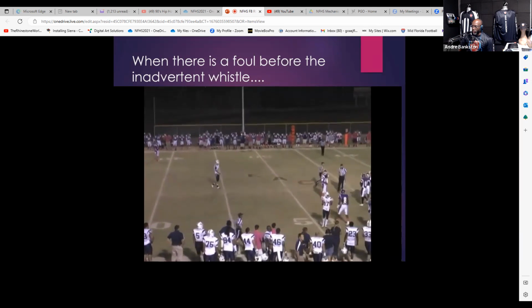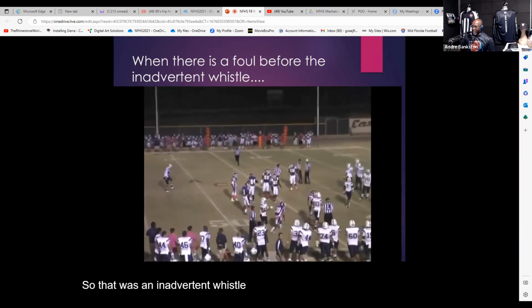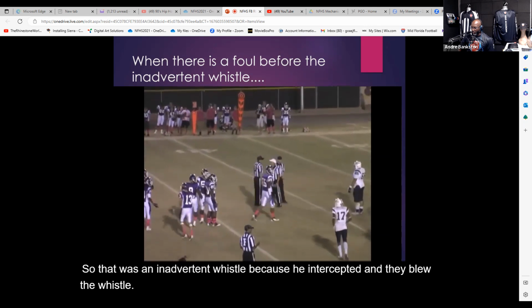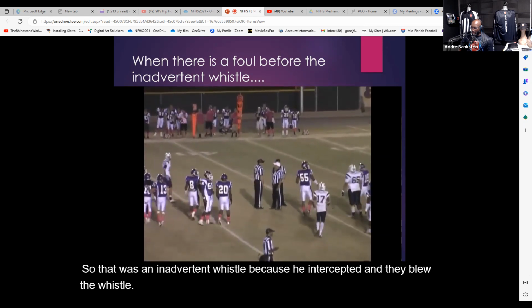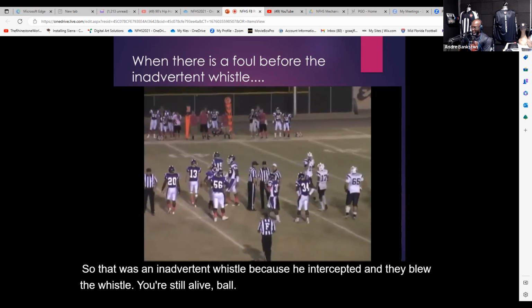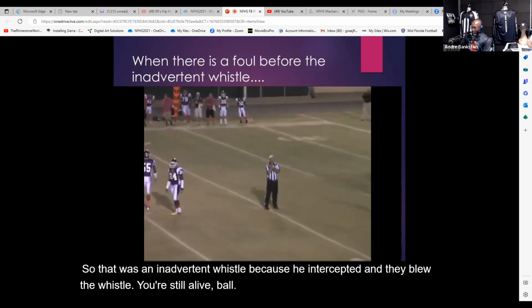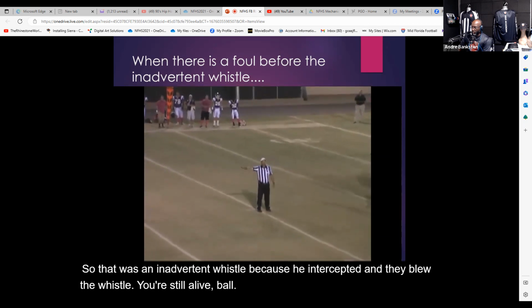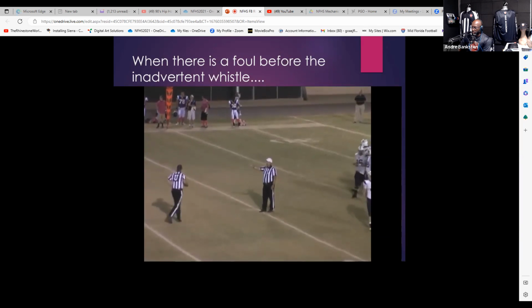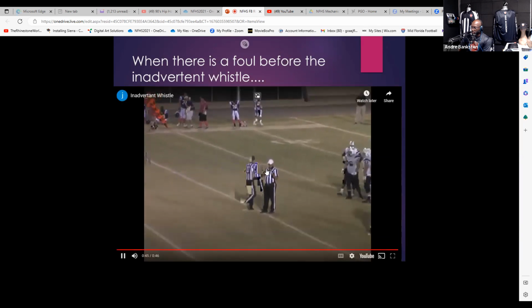So that was an inadvertent whistle because there is a penalty on the play. On defense, number 18.